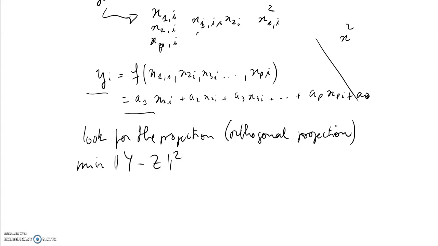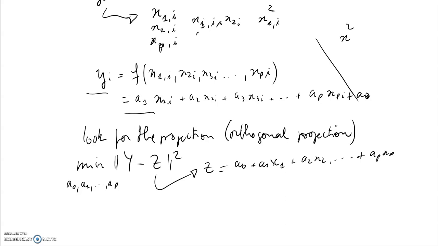You want to minimize over all the possible a0, a1, etc., up to ap, whatever the number of features you have to consider for each data point. It's still a least squares problem, except that this time your z is given by a0 plus a1 x1 plus a2 x2, etc., plus ap xp.